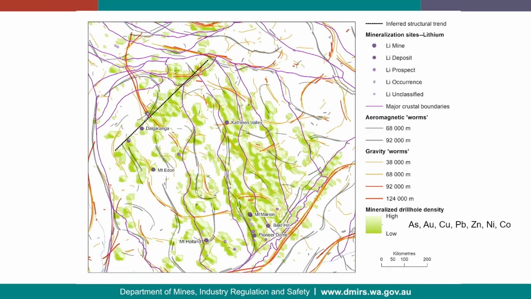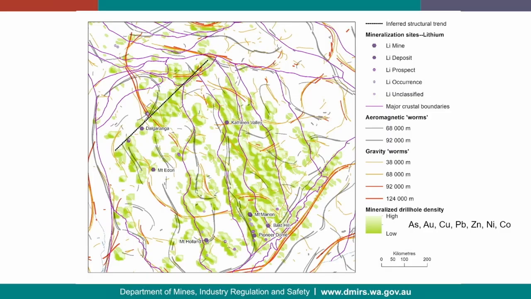Okay, now just to show that this approach is also useful for the other minor commodities, what I've overlain here are the selective mineralisation sites for lithium on top of that same image for the composite drill holes for those other major commodities.